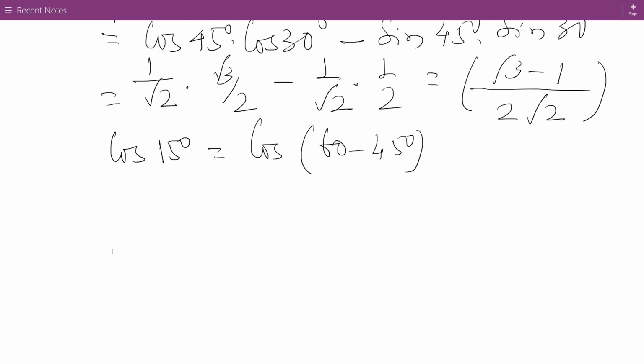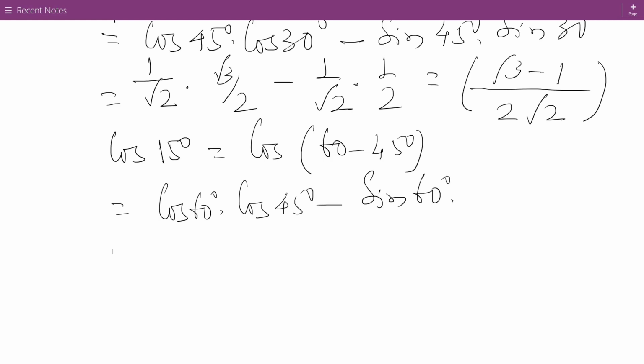Just you replace the angle in terms of standard angle. That value you already know. That means cos 60 cos A into cos B minus sin A into sin B. Is it correct?